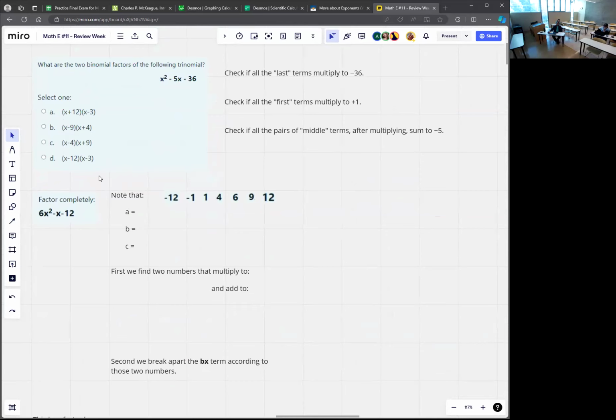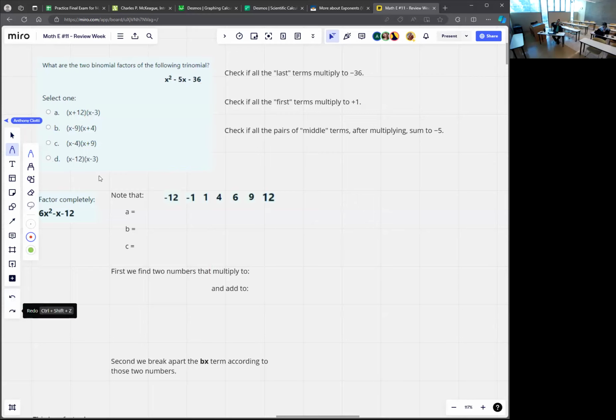Is it always true that the last terms, like 12 times negative 3, that one works, that one is 36. Do they all work, or can we disqualify any answers? It looks like B works.